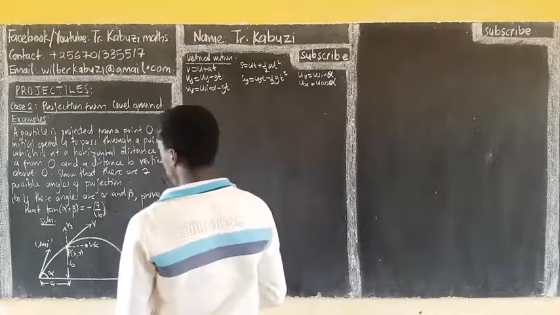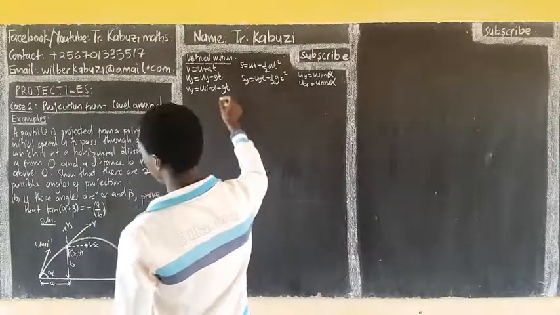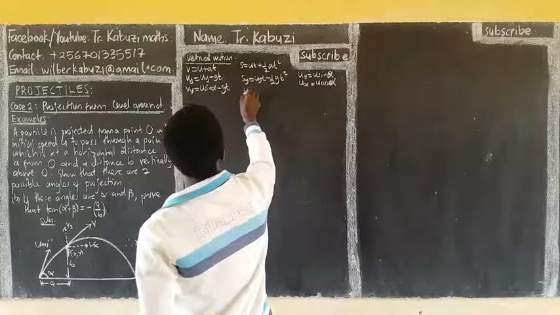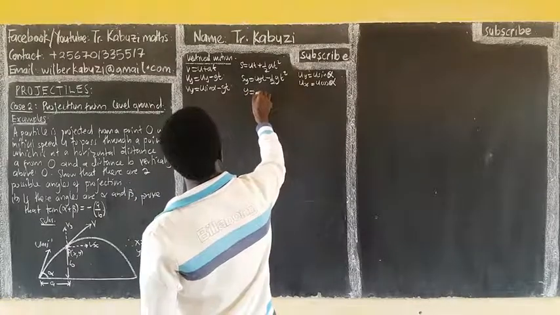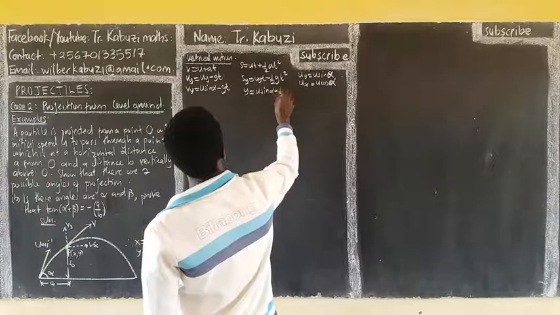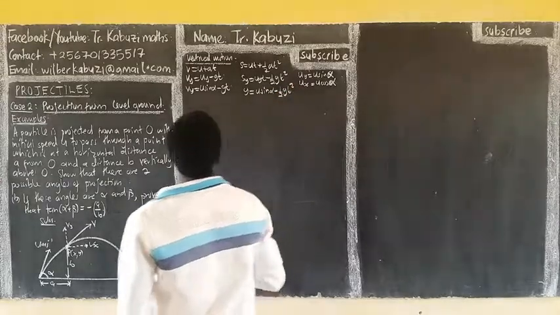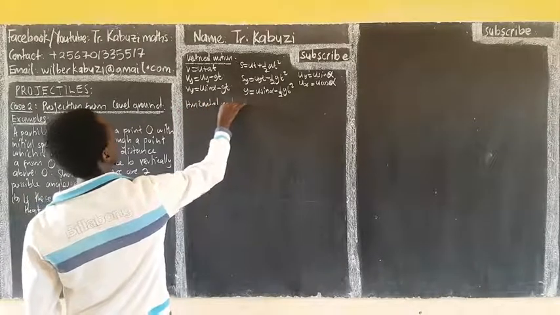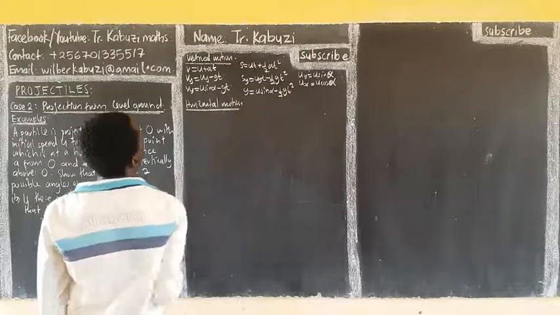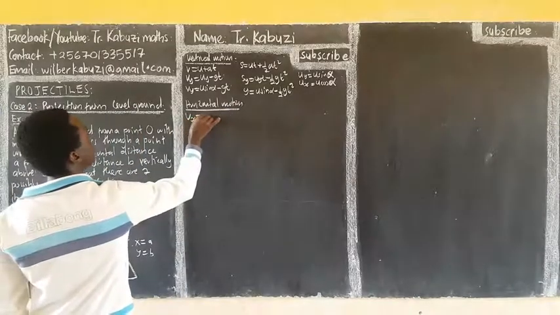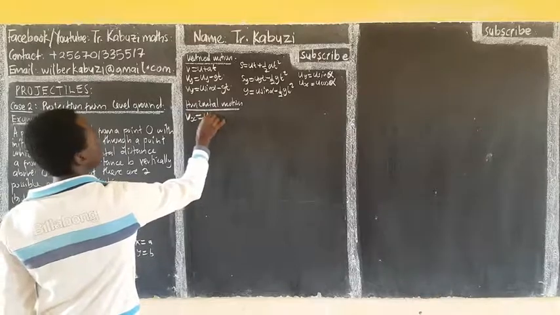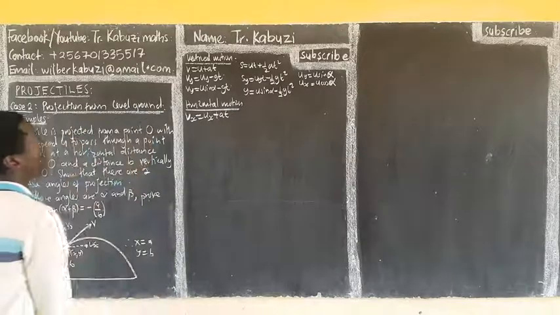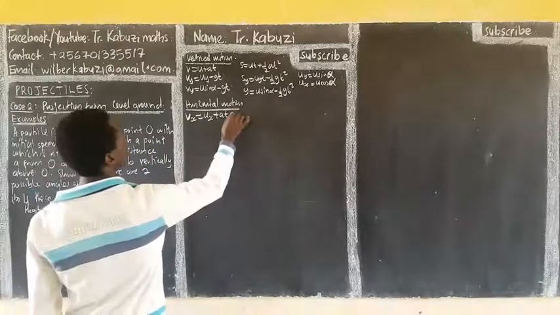So our sy, the vertical distance, is the y we are looking for. So our y here is going to be u sine alpha t minus a half g t squared. And when it comes to horizontal motion, our Vx will be Ux plus at. Horizontally, acceleration is always 0.